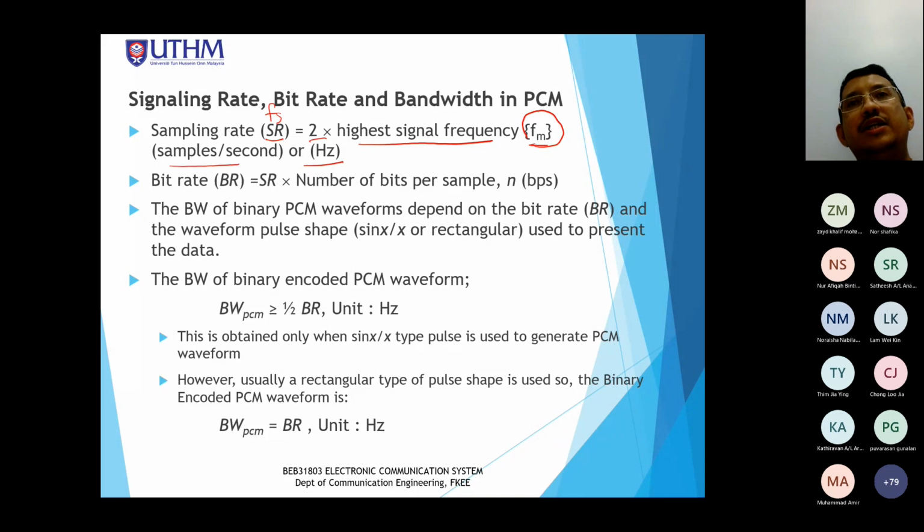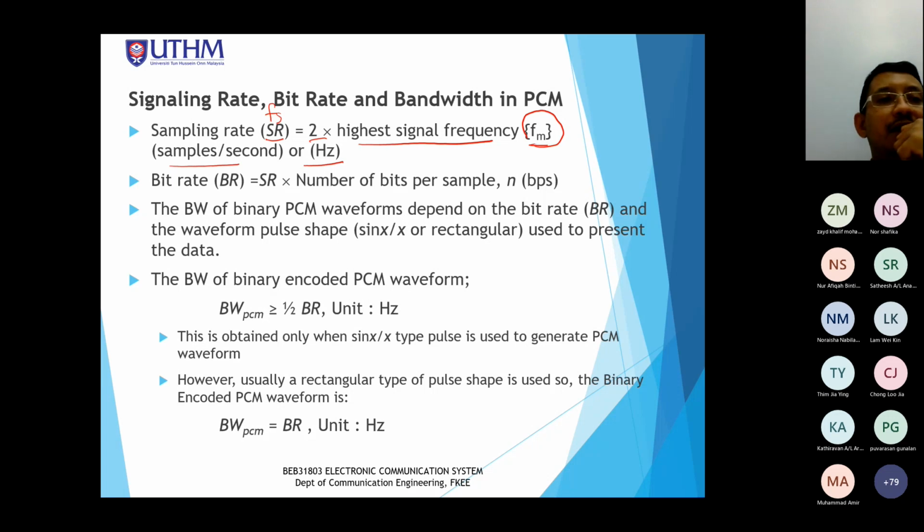So the sampling rate determines how many samples you will take in 1 second. Ideally, theoretically, we need to have more samples. The more samples we have, the more accurate output we will produce.